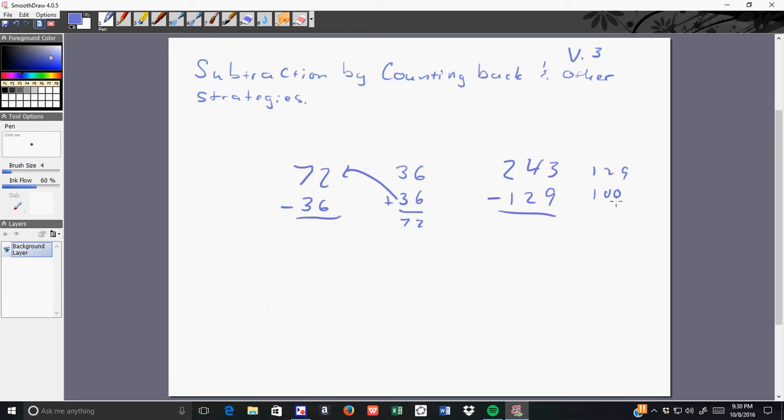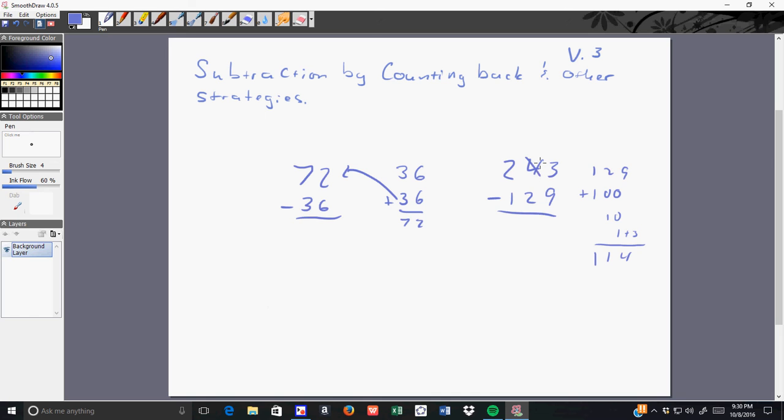That gives me 228. If I added 10 more, that'd get me to 238, 240, and then 3 more. So let's say that'd be 100, 10, and then 1 and 3 would be 4.